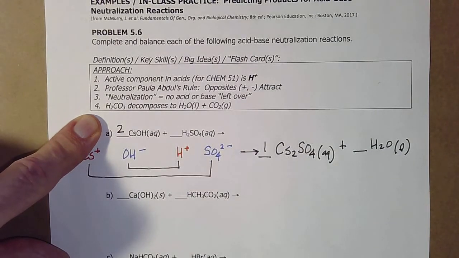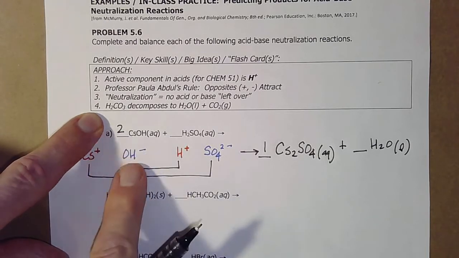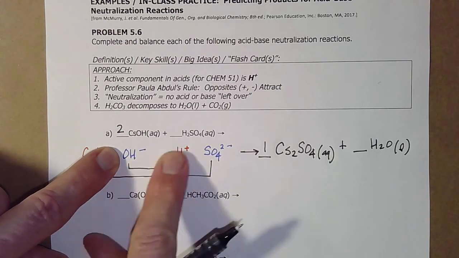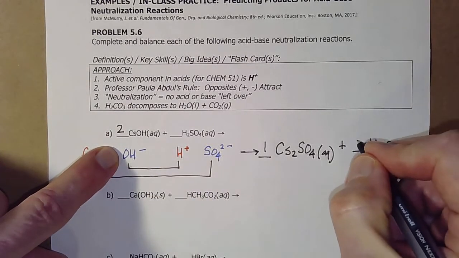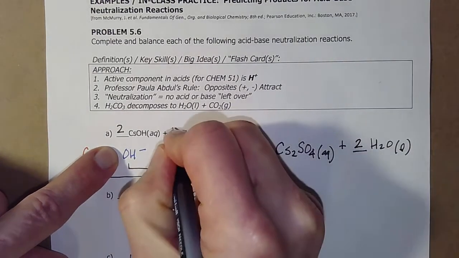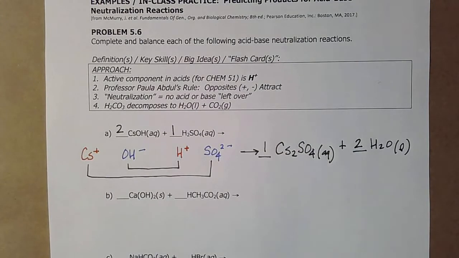I've now got 2 of these hydroxides and 2 of those hydrogens. That's going to give me 2 waters and 1 of this. Now you can go through that and balance element by element, and it'll be just fine, but you'll probably start to see shortcuts. So let's try the next one.